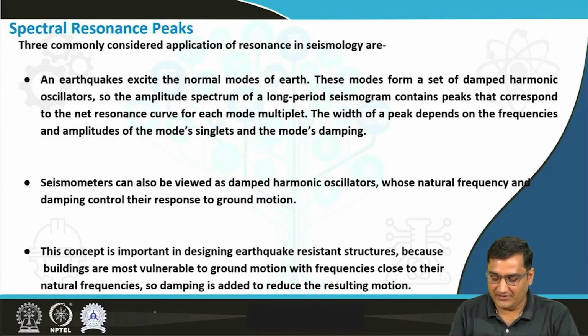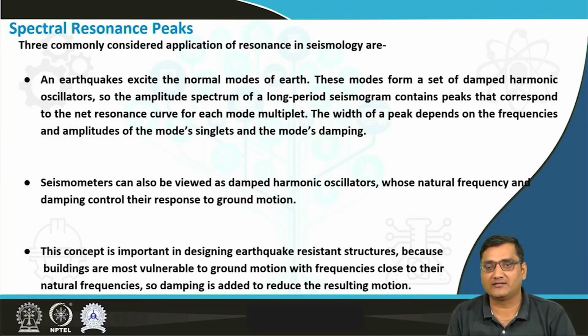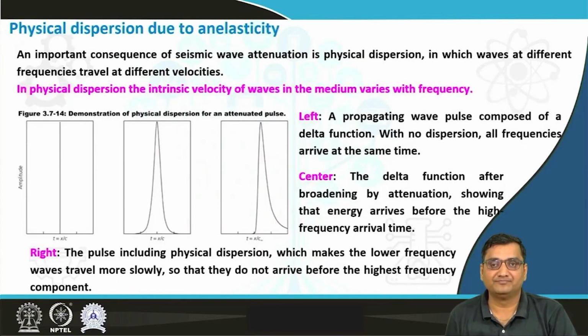Another application is to design earthquake-resistant structures, because buildings are most vulnerable to ground motion with frequencies that are close to their natural frequencies. So damping is added in order to reduce the resulting motion.